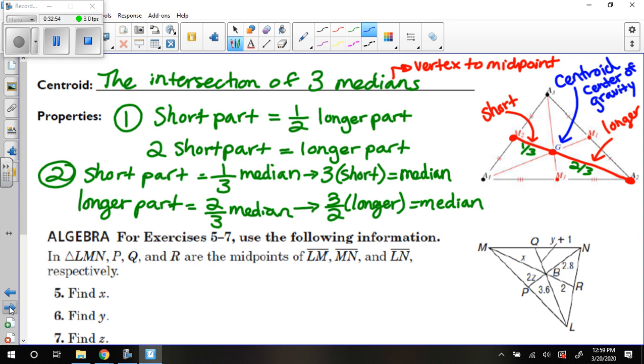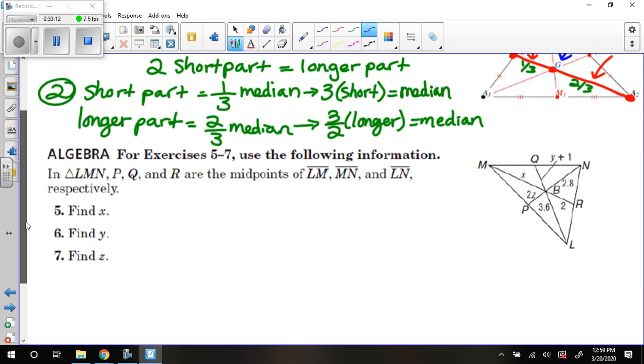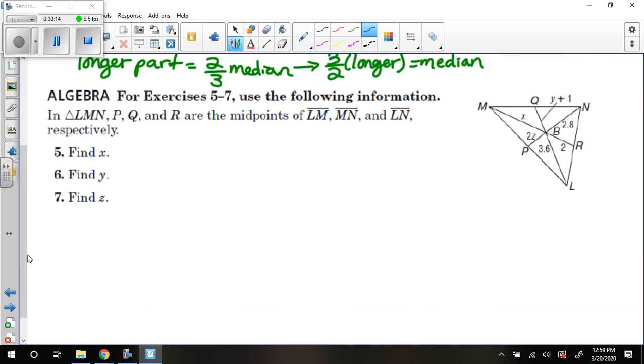That pretty much means if you were going to balance this triangle on the end of a pencil, that if you balanced it on point G, it would stay on the top of the pencil. It would balance perfectly because it's the center of gravity. We'll talk more about that tomorrow.